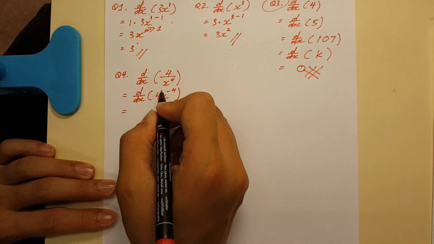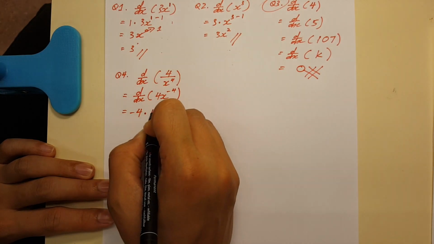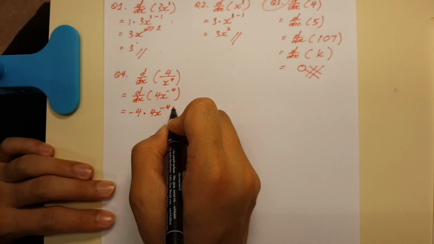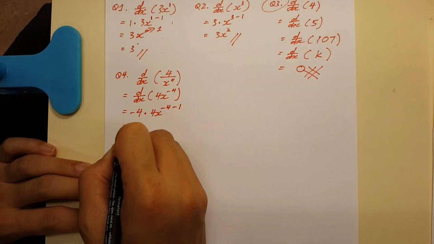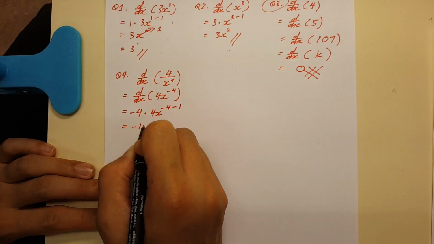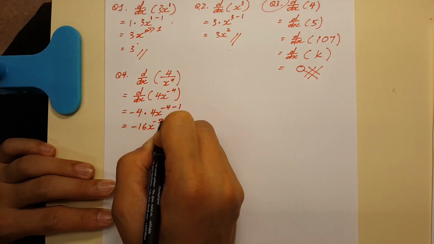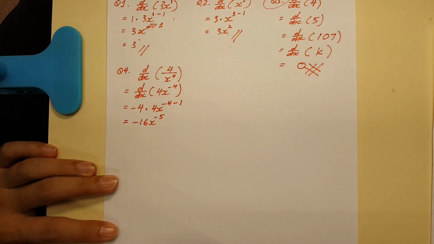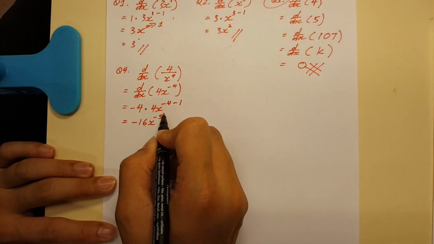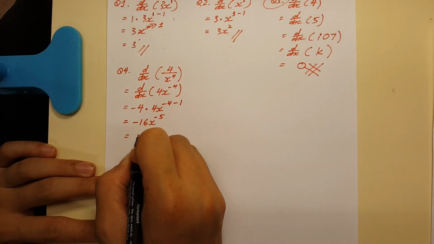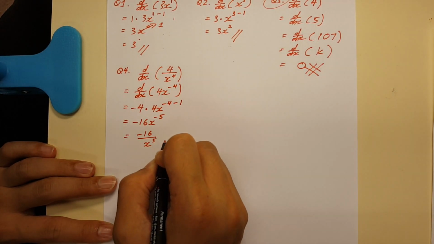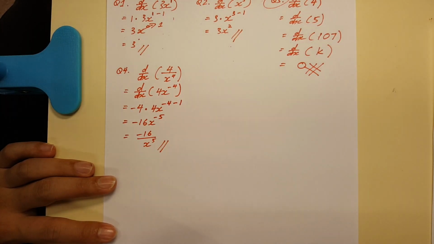I'm going to bring down the power, which is minus 4. Then I'm going to copy everything down. Then I'm going to reduce the power by 1. Okay, then now I'm going to tidy up everything. It's basically minus 16x to the power of minus 5. Now in maths convention, we always like to express it in terms of the positive notation. Alright, so you do not want to see any negative power, so I'm just going to rewrite it into a positive index notation, x to the power of 5. That's the answer that we are looking for.